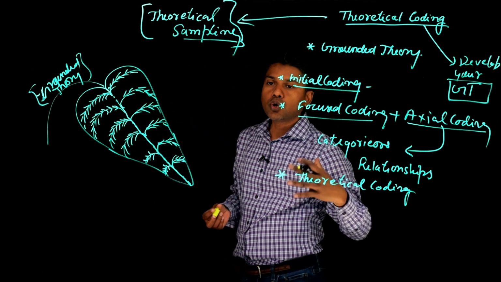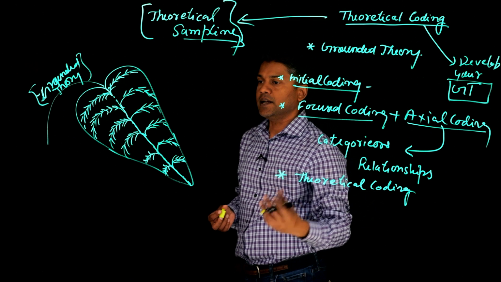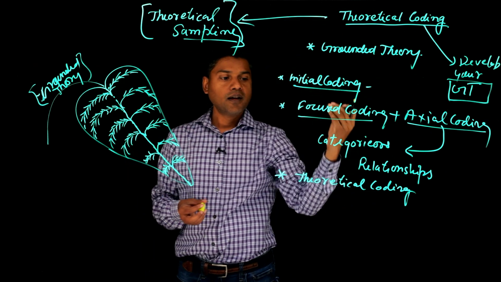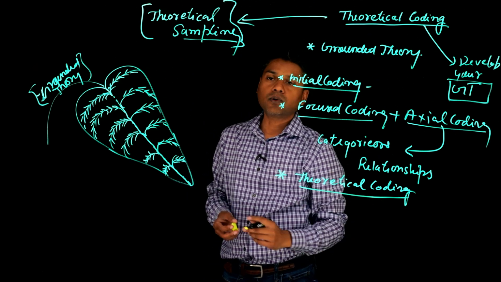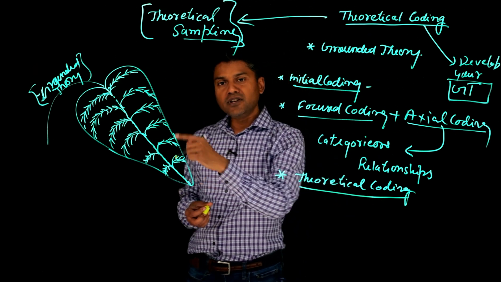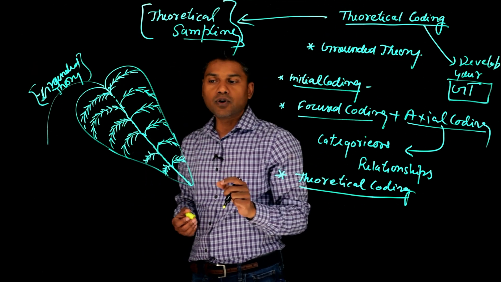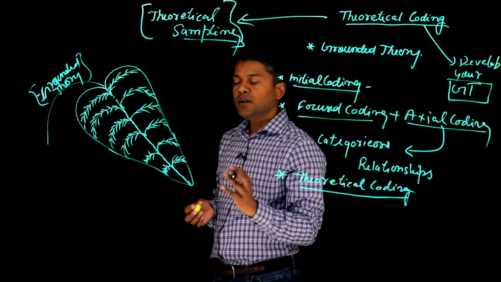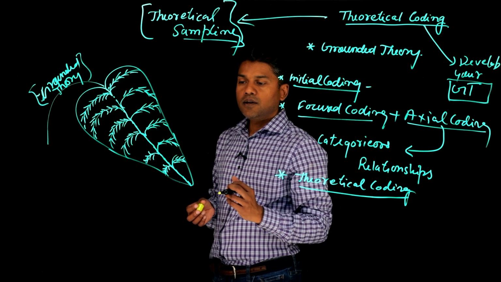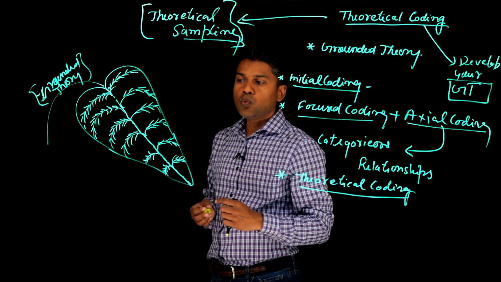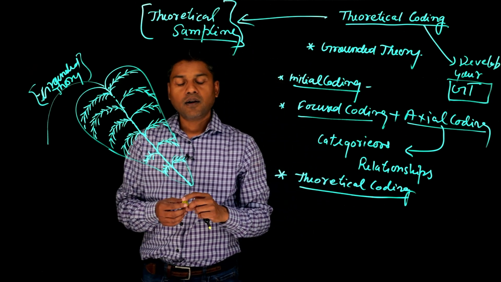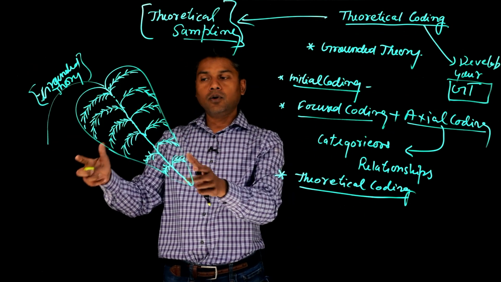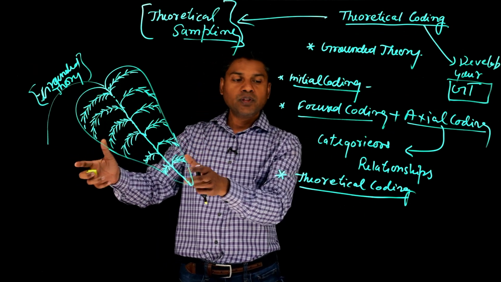And then you do the coding of those extended data, the new data that you are collecting as part of theoretical sampling, and that is called theoretical coding. So you go back to the new data you have collected, and you focus on those data in terms of understanding what else can contribute to the theory, what else is missing, what can contribute to the theoretical model or the theory that I'm developing with this new data.